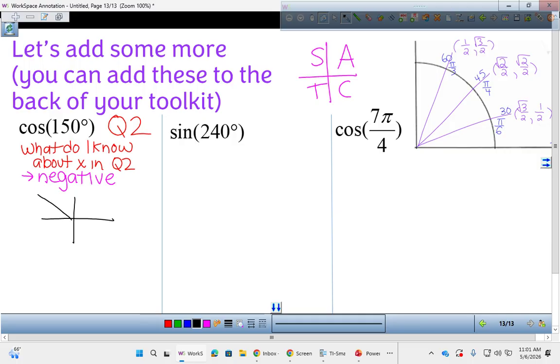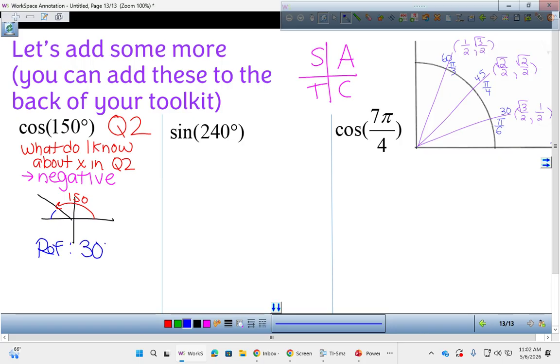What I know is that this is 150. But what I want to know is this. What's the relationship there? 30 degrees, right? So the angle that I want to refer to is the 30-degree angle. I know what the 30-degree angle is. So my reference angle is 30 degrees.